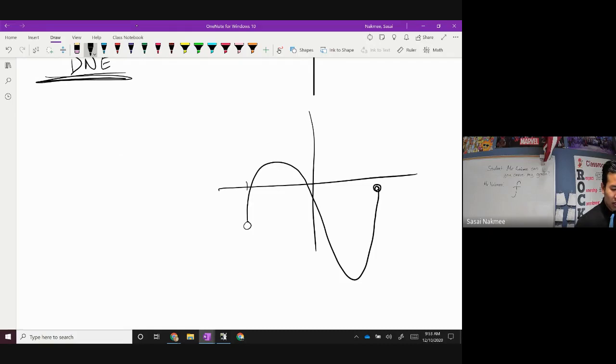Let's pretend that this is -4 and this is +4. I'm looking at this random f of x, and I'm telling you that this function is defined on the open interval from -4 to 4. You're not going to have any minimum or maximum at the endpoints.